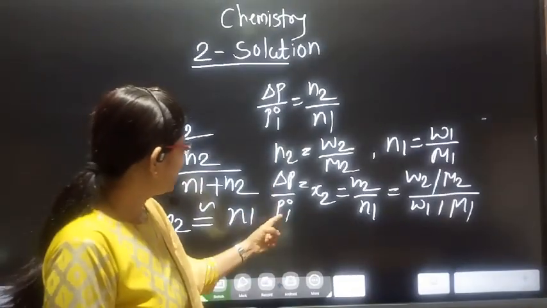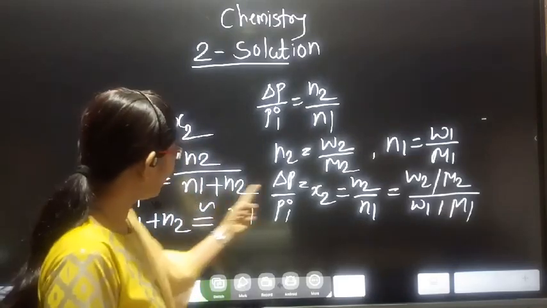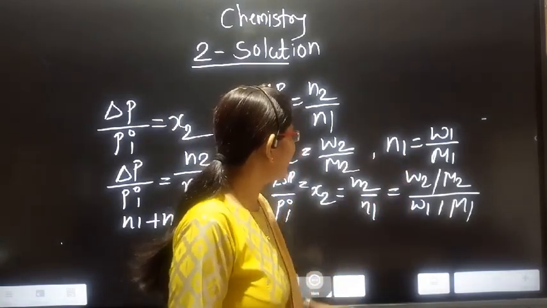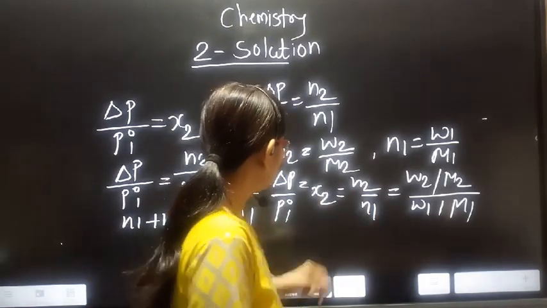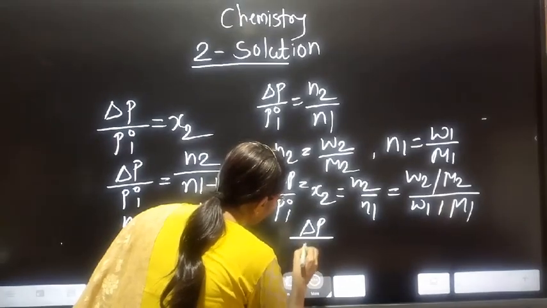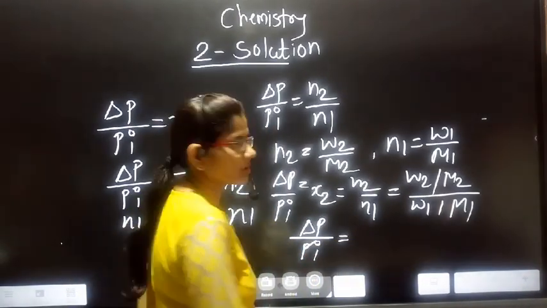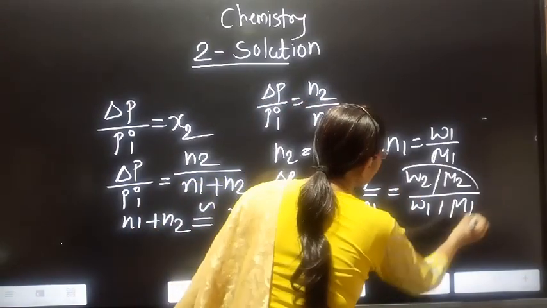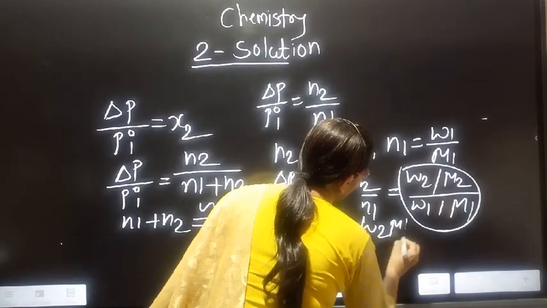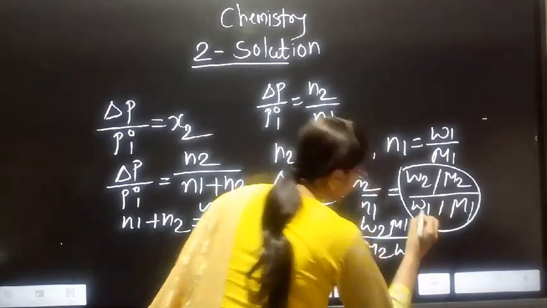Here delta P upon P naught 1 is equal to X2, and X2 means N2 divided by N1. If we put the value of N2 upon N1, then we can say that delta P upon P naught 1, the relative lowering of vapor pressure, is equal to W2 M1 divided by M2 W1.